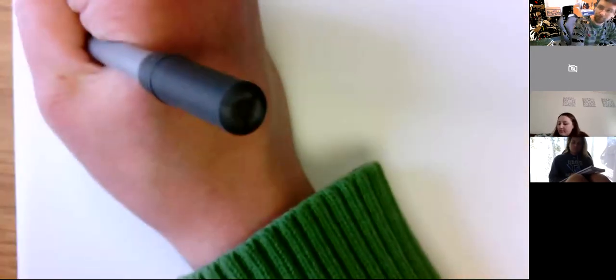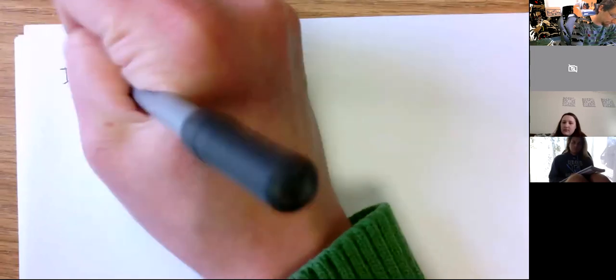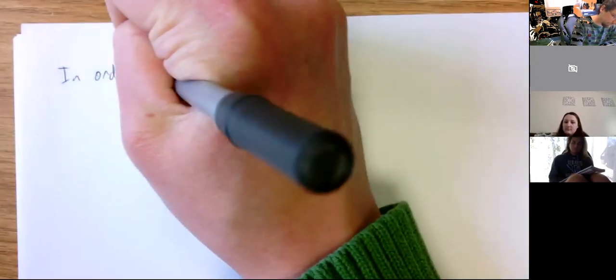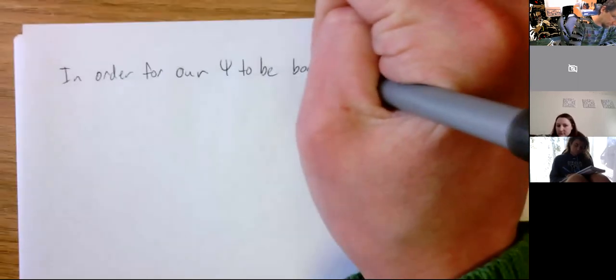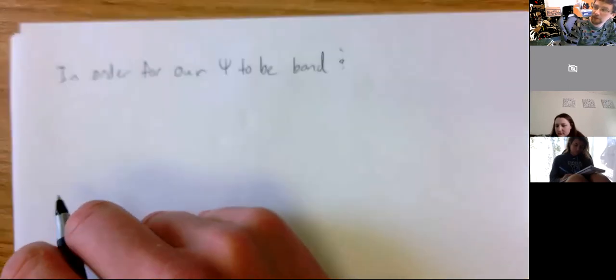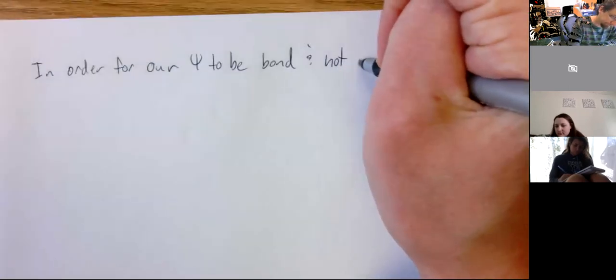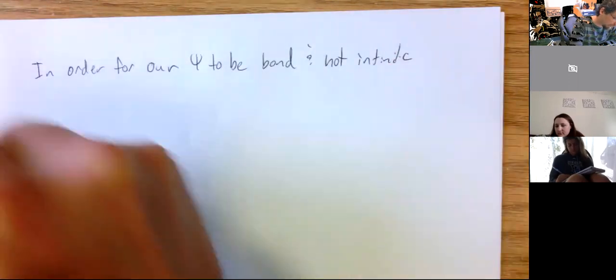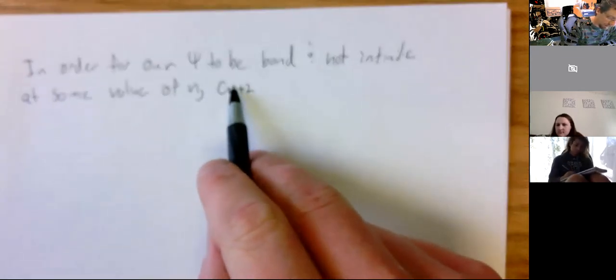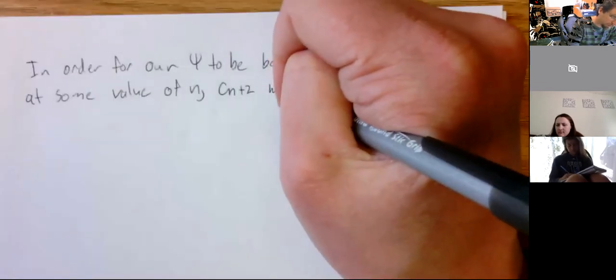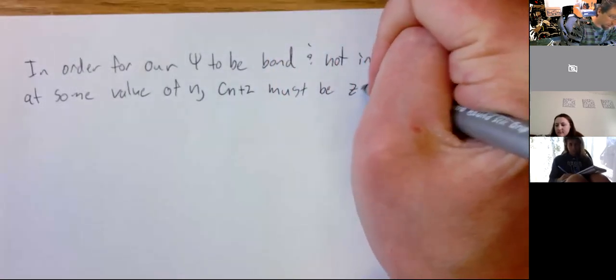So in order for our wave function to be bound, and not infinite at any value, at some value of n, this value, Cn plus 2, must be 0.